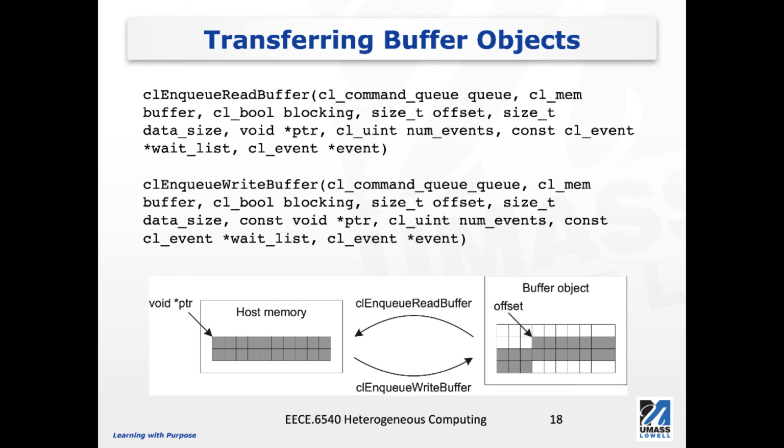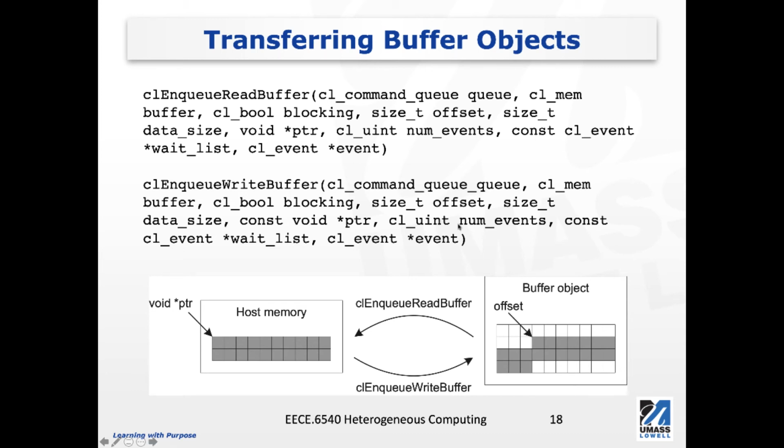When you have a buffer object, as one kind of memory object, you can use read buffer and write buffer to pass data between the host memory and the device memory. Just to recap, we use clEnqueueReadBuffer to read data from the buffer object to some region in the host memory, and clEnqueueWriteBuffer does the opposite, which is to copy the data from the host memory to some part of the buffer object.